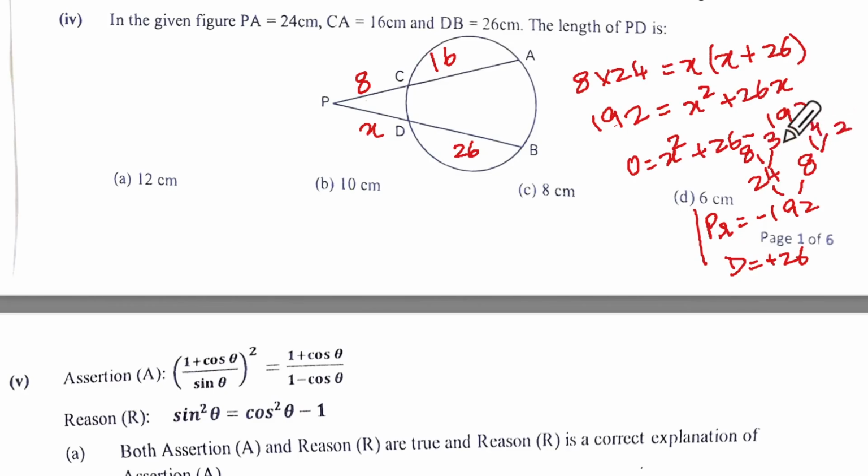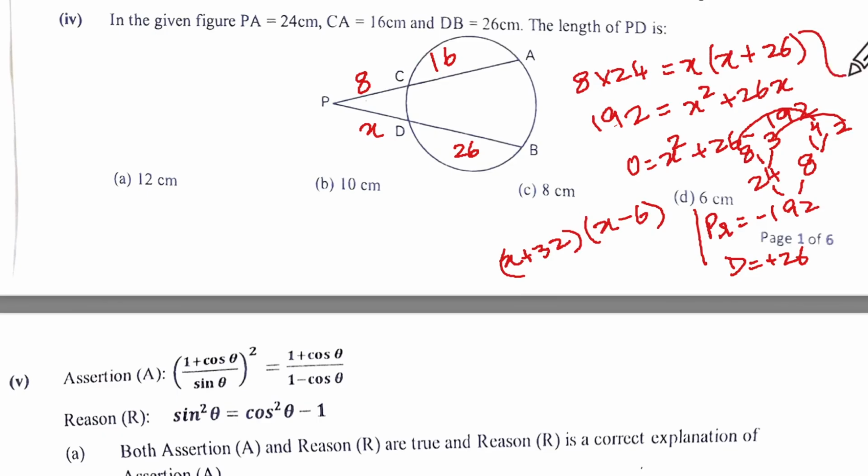What else can you do? 32 into 6, this is 8 firsts 32. So you have x plus 32 and x minus 6.